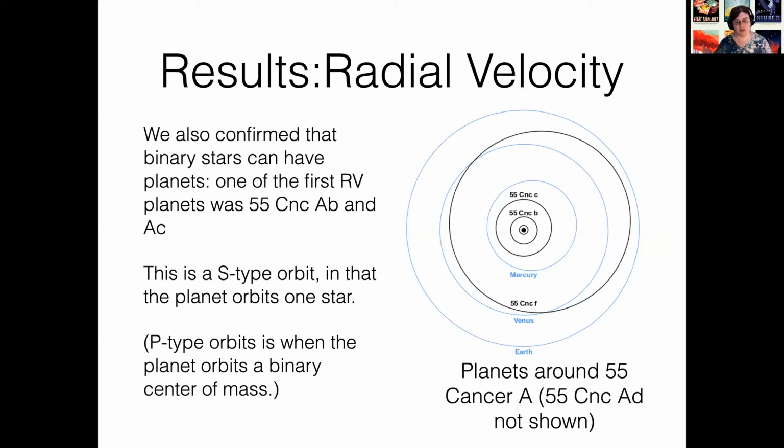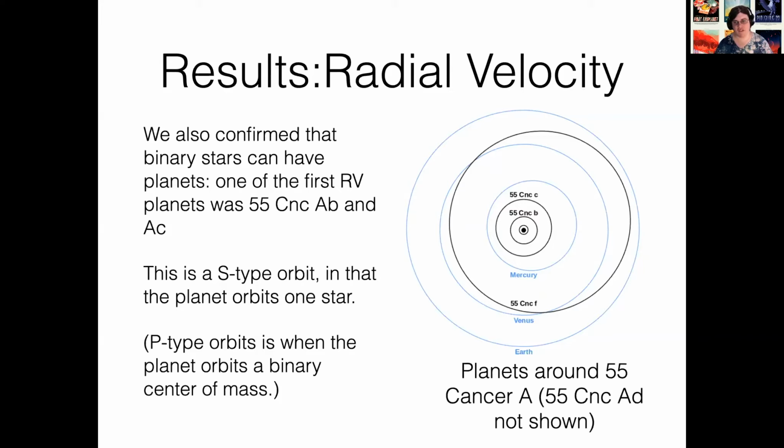One of the first planets we found was around 55 Cancri A, also Gamma Cephei A, which was the retracted planet that came back, that was unretracted. So here's a system called 55 Cancri A. It's showing several of the planets B, C, and F. Now, our custom for naming planets is that they get a lowercase letter after the star's name.